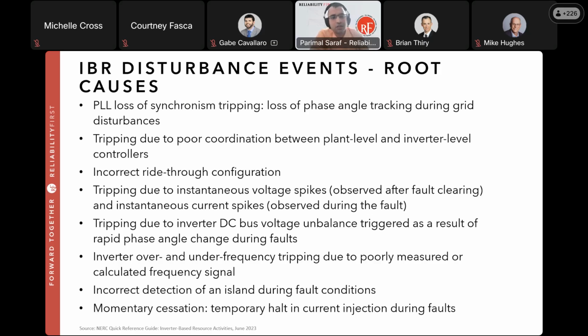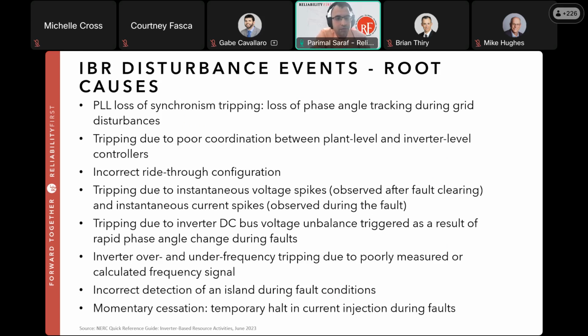So these are the root causes that were identified as part of these event postmortem analyses. These are a lot, and I would need a separate presentation for this. But just to summarize, a lot of these events happened as a result of controller maloperation, which means these IBRs have controllers controlling frequency and voltage.